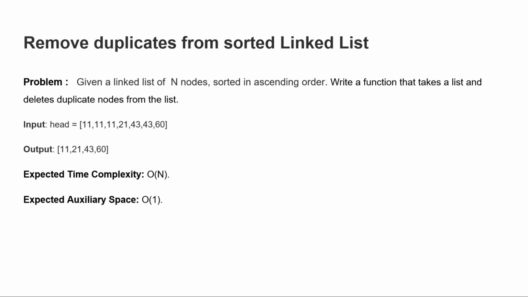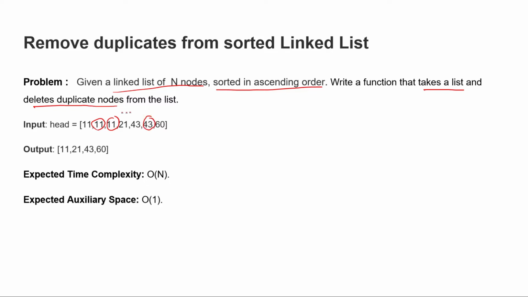They have given us a question: you are given a linked list with n nodes, sorted in ascending order. Then we have to write a function that takes a list and deletes the duplicate nodes from the list. Suppose we have an example here: 11 is duplicate, 21 is single, then 43 is duplicate.